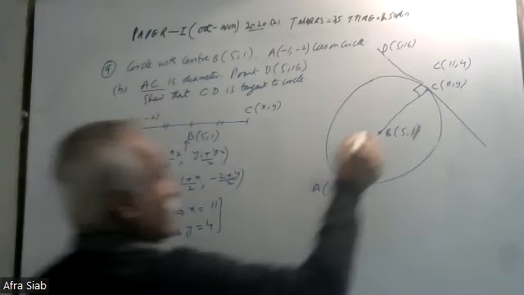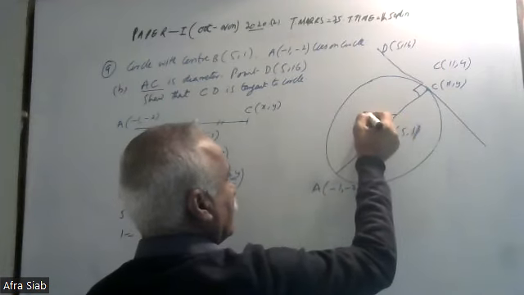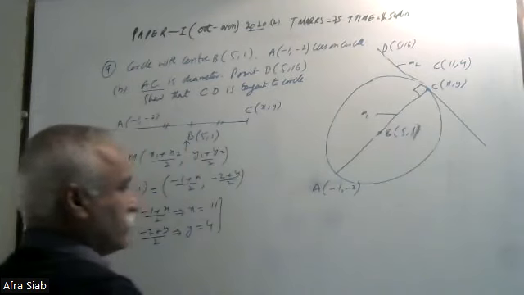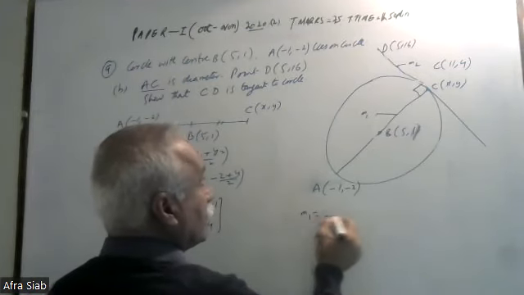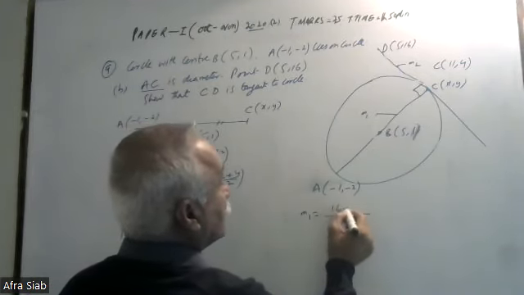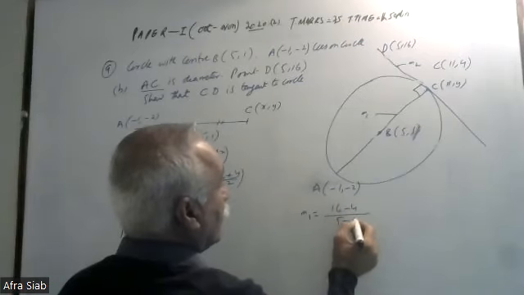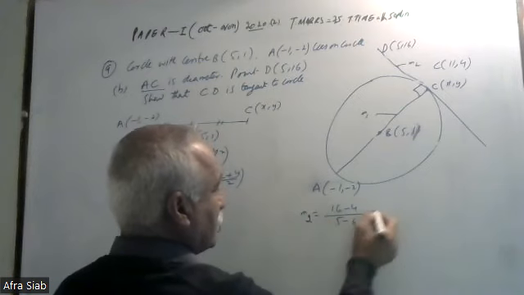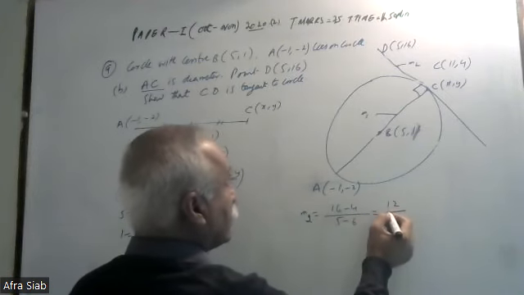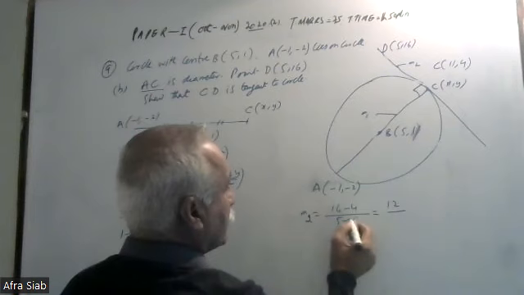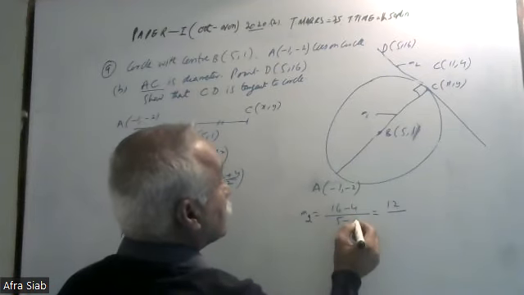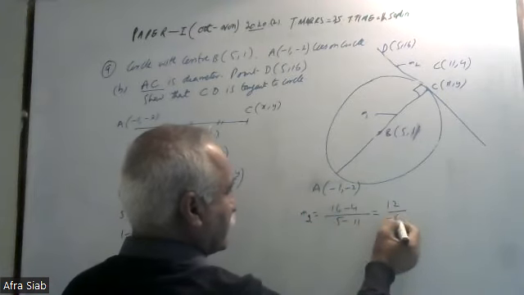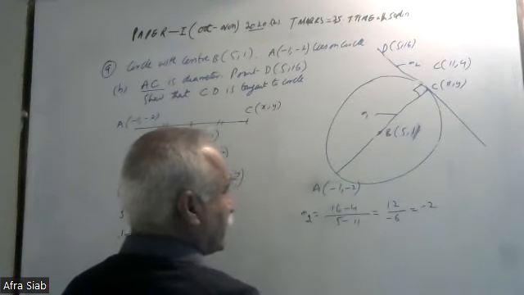Now, let's say the gradient of this one is M1 and the gradient of this one is M2. Then M1 is equal to (16 minus 4) over (5 minus 11), that is equal to 12 over minus 6, and that is equal to minus 2.